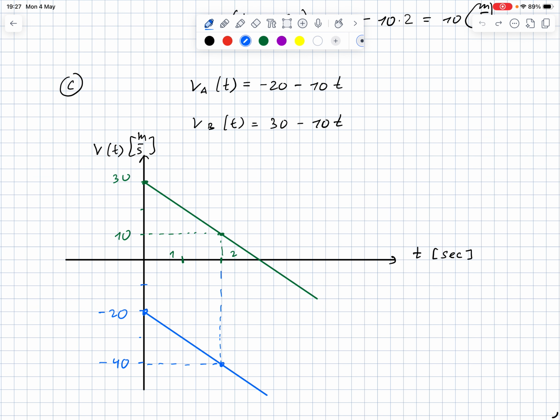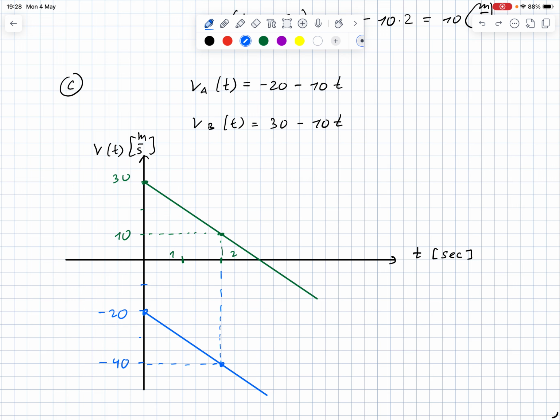Now let's see what we can do about object A. We know that initial, not acceleration, I'm sorry, but velocity is minus 20, okay? Also, we know that when t equals 2, the velocity of object A equals minus 40 meters per second, okay?